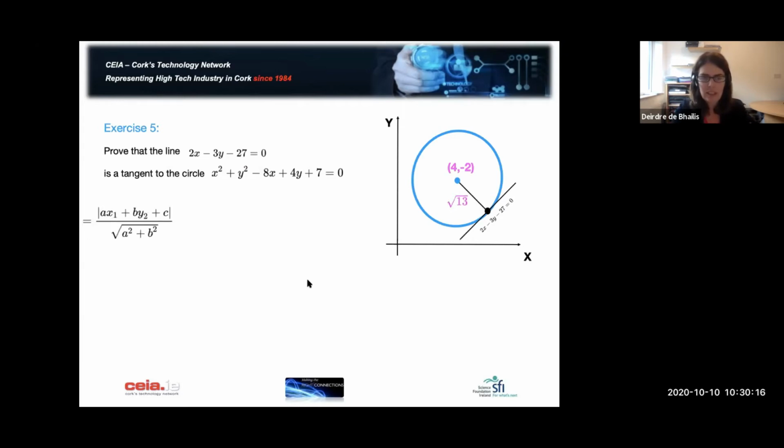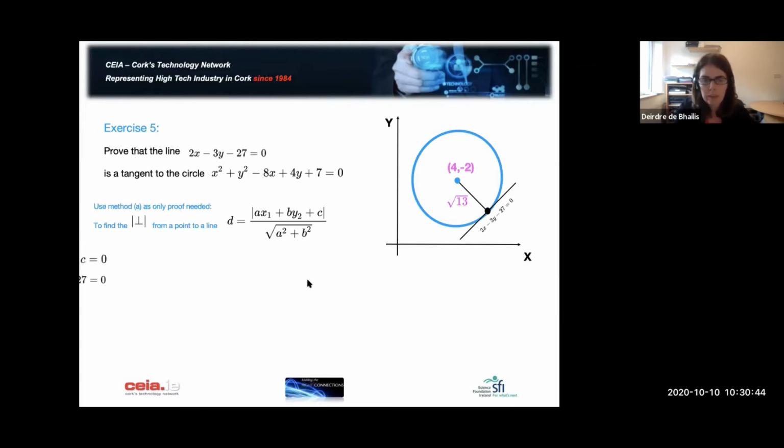Okay, so we're going to use method A because the question simply states to prove that the line is tangent to the circle. So referring back again, you may have covered this last week in the geometry of a line. We have in our tables, again on page 19, the formula to calculate the perpendicular distance from a point to a line.